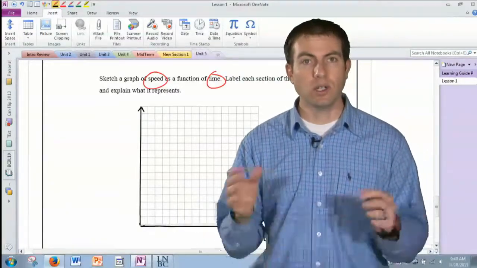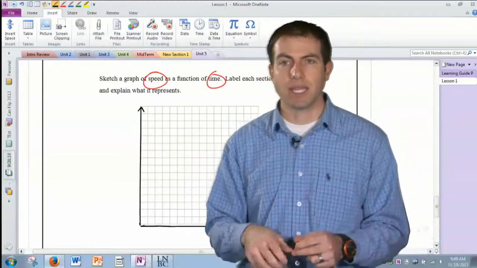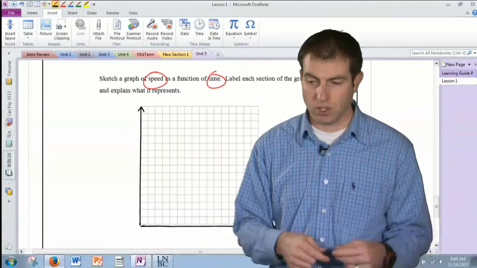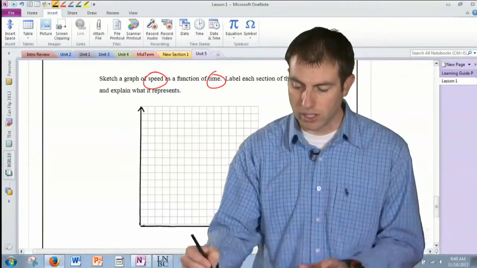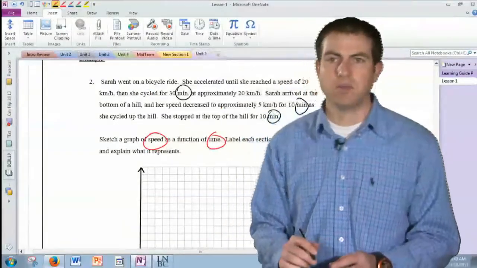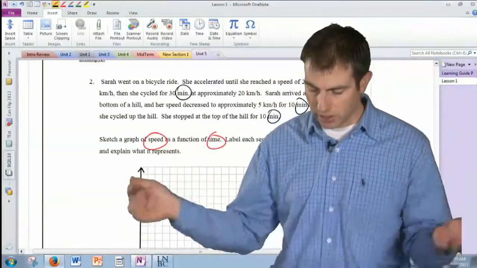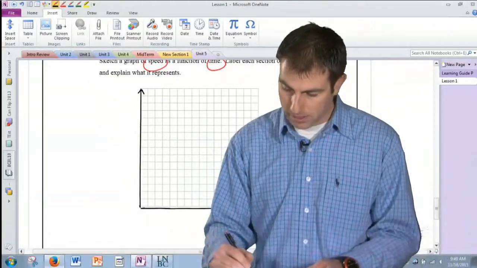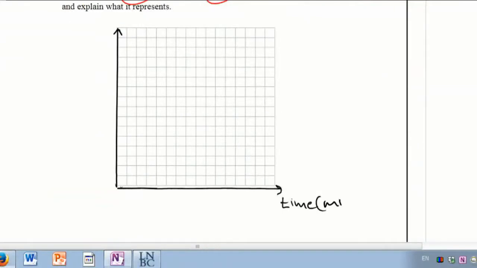So what sort of unit of time was I given in the question? This is what I'm going to use in my graph. If I go back and reread the question, it looks like all of my times are in minutes. 30 minutes, 10 minutes, 10 minutes. So instead of plotting time in hours or days or years, which I could do, there's nothing wrong with those, I'm going to put my time in minutes. All right, so we're happy with that.